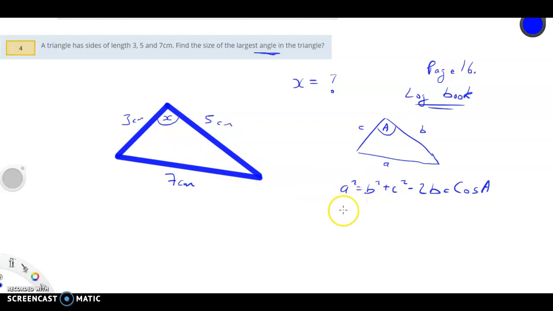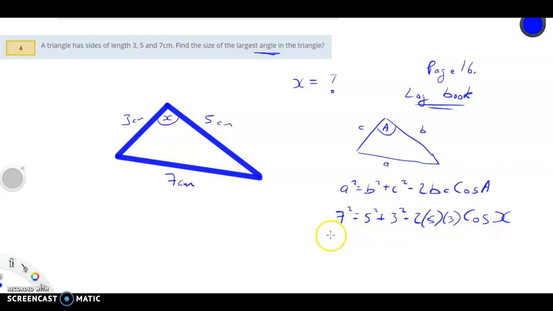We can fill in 7 squared equals 5 squared plus 3 squared minus 2 times 5 times 3, and cosine of X, the cosine of angle X. So the only thing we don't know is this X bit.